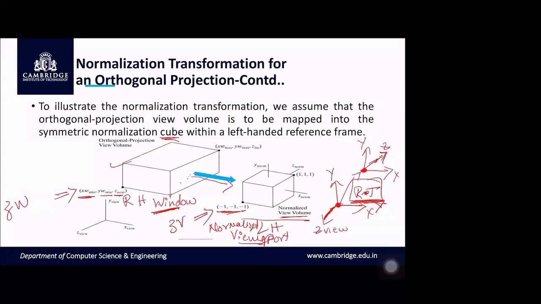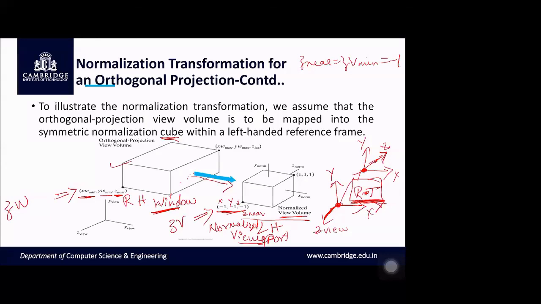So what will be your Z? This is your X, I don't want. This is your Y, I don't want. This is your Z. What is this Z? This is your Z near. Check it here. ZW. This is your Z near. So your Z near is nothing but ZV min, which is equal to -1.